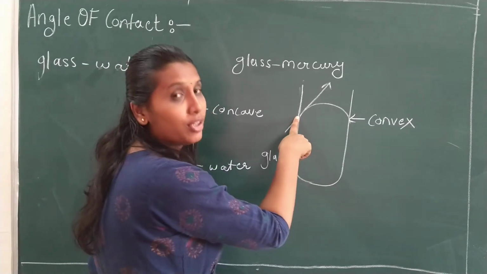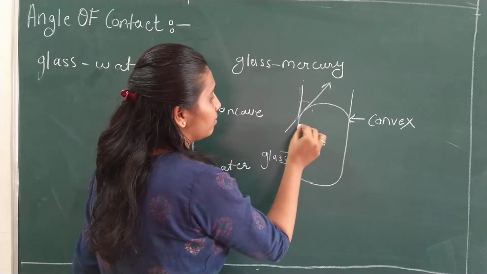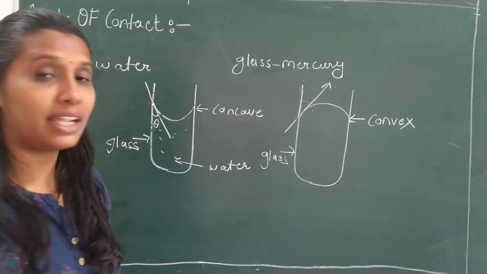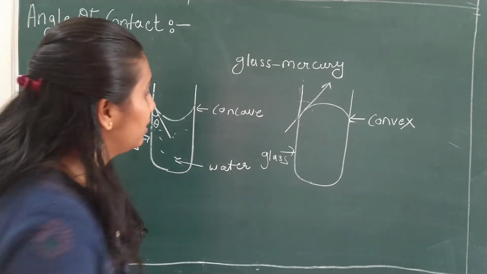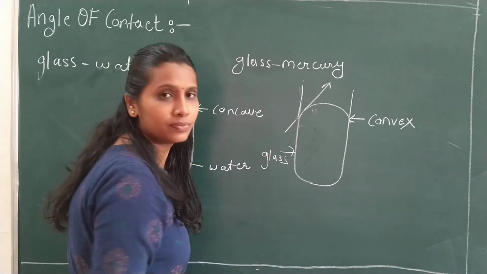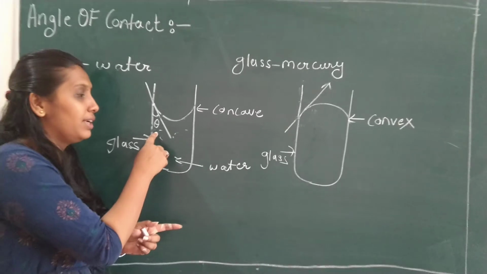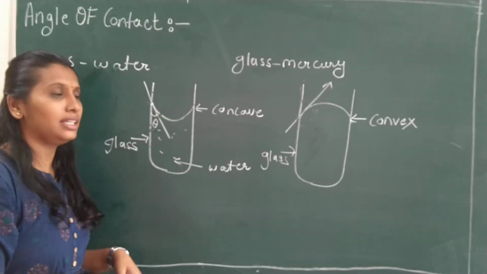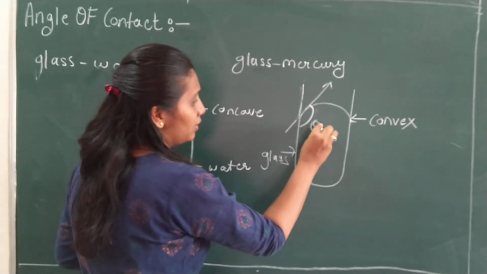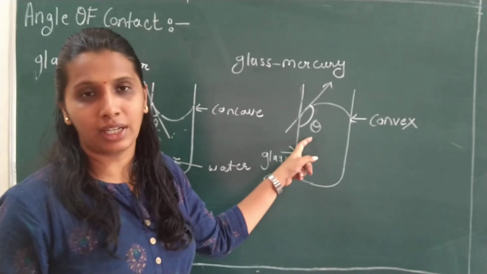Now tell me which angle we should take. This one, which is the outer angle, or this one? The answer, as we have already seen, is that the angle is taken within the liquid, that is inside the liquid. So obviously I will measure this angle. For the glass-mercury pair, this will be my angle of contact.